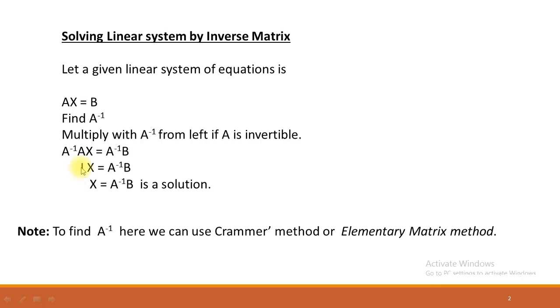So identity times X is equal to A inverse times B. The identity matrix multiplied by the X matrix is equal to A inverse multiplied by the B matrix, and this gives X is equal to A inverse B. This matrix X is the solution of the given linear equation.